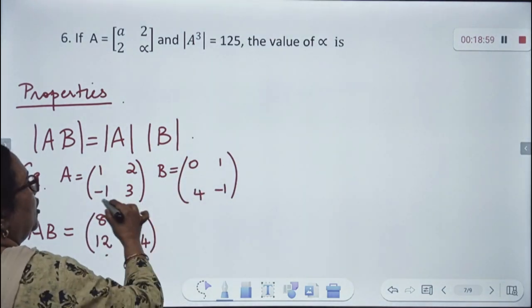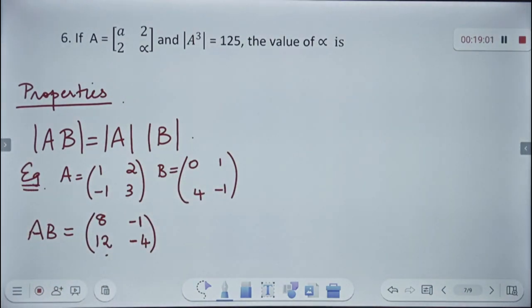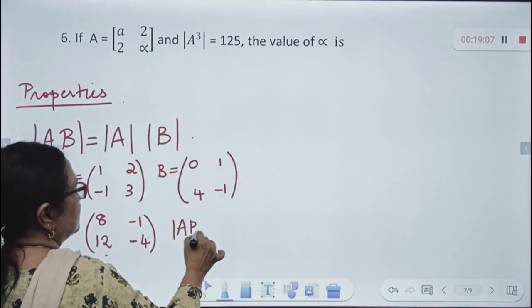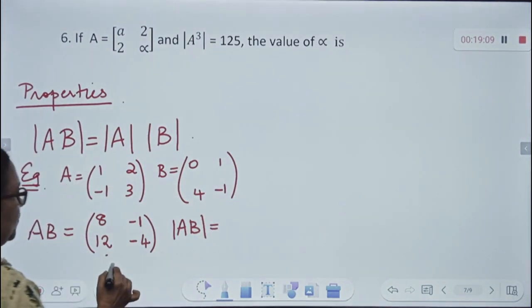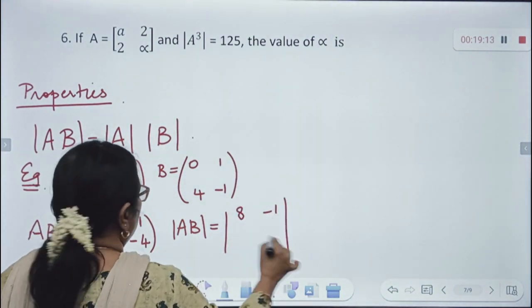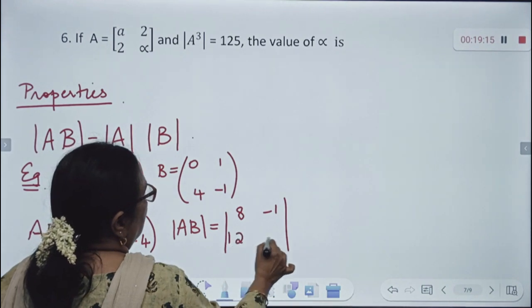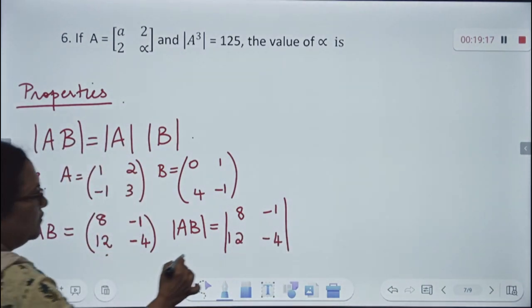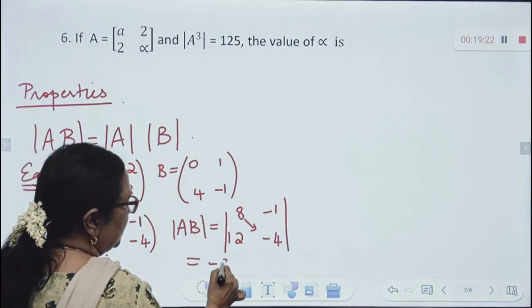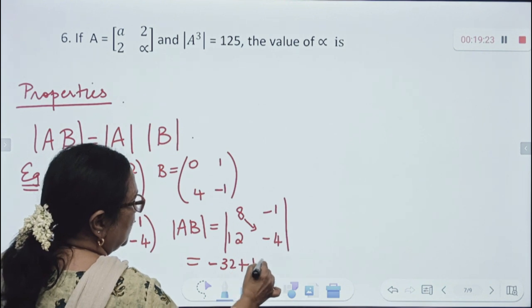Second row, second column, minus 1, minus 3, which is minus 4. So this is AB. So what is determinant of AB? Determinant of AB will be determinant of 8, minus 1, 12, minus 4, which is, what is the value? Minus 32 plus 12.